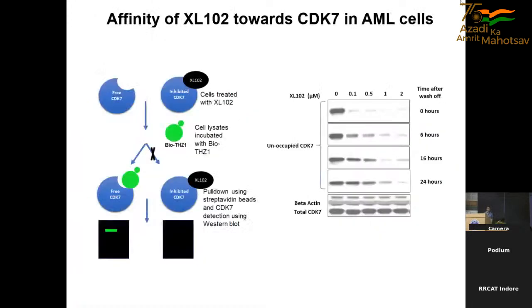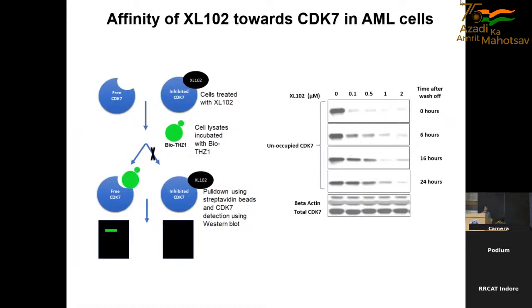Next we checked how much CDK7 is engaged with the compound XL102, whether it is actually engaging. We treated the cells for 3 hours with XL102, then incubated with biotinylated THZ1, and in the pull-down assay, when there was no XL102, THZ1, which is a covalent inhibitor of CDK7, was able to pull down the CDK7.